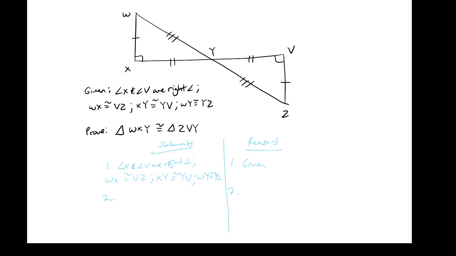Now we have all the sides being congruent, so we just need to demonstrate all the angles. First of all, we have angle X congruent to angle V, and that's because all right angles are congruent. They all equal 90, so therefore they're congruent.